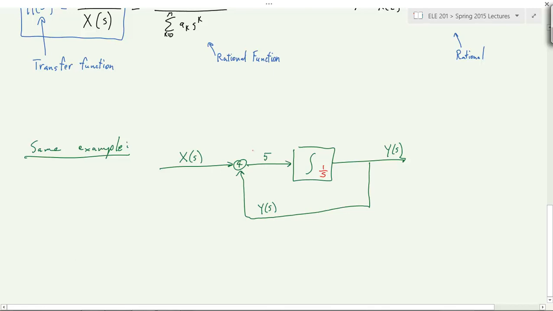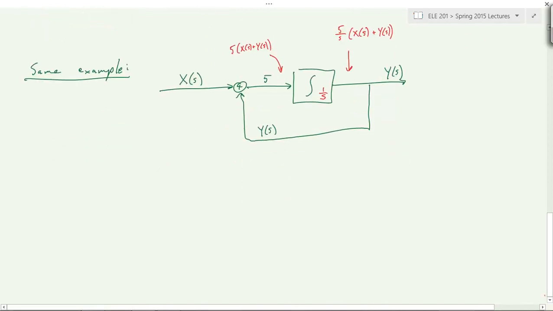So then this becomes 5 x of s plus y of s, and this just becomes 5 over s, x of s plus y of s. And then you get the equality with y of s, and then you just solve for the ratio of y of s over x of s. Same steps, but you could have just done everything in the Laplace domain in the first place, and then you don't have to write out integrals and stuff like that. You just end up with 1 over s.